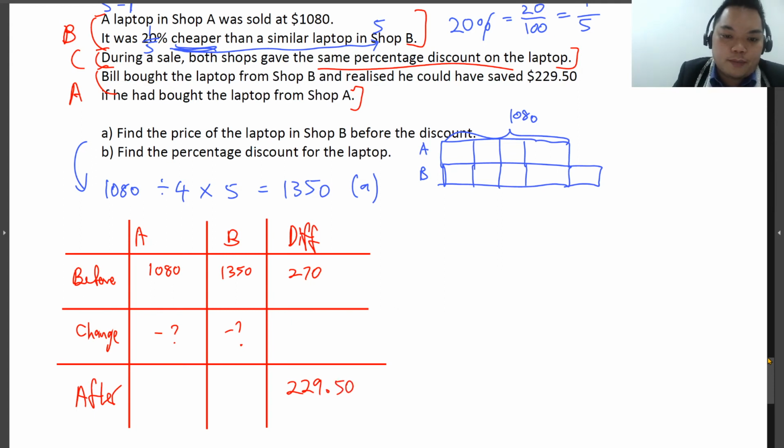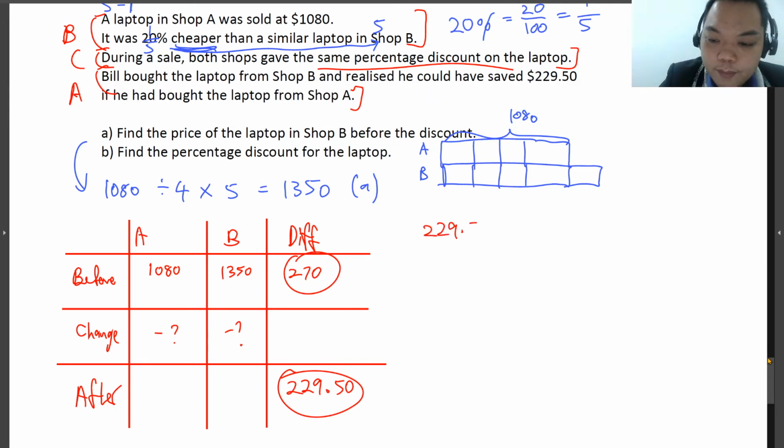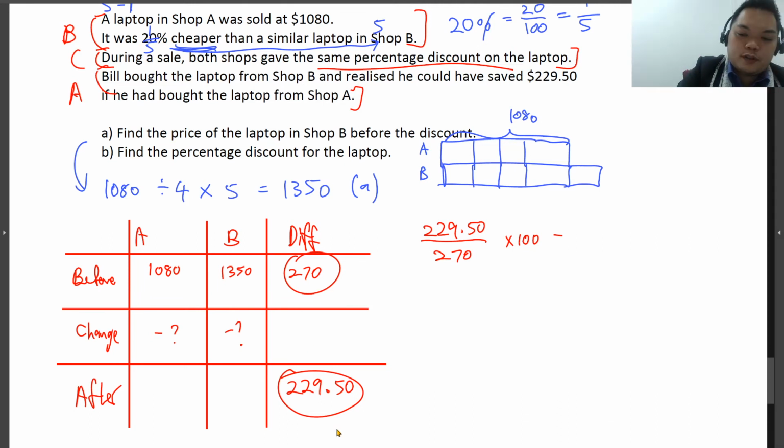What can we do then? We can compare the differences over here. Okay? How much has been discounted? Okay, maybe I shouldn't do this.